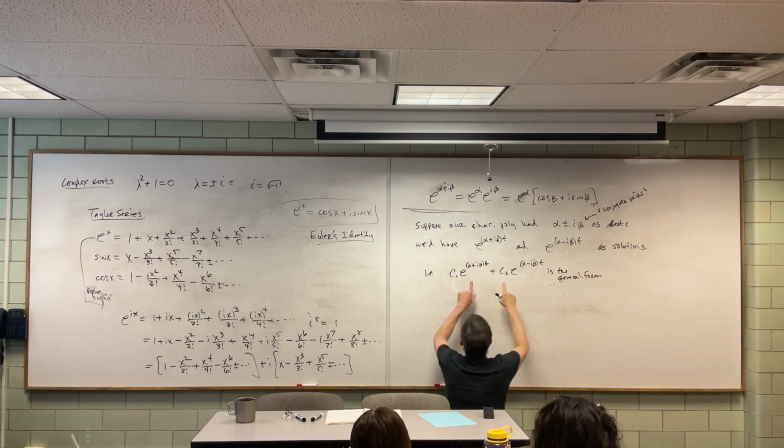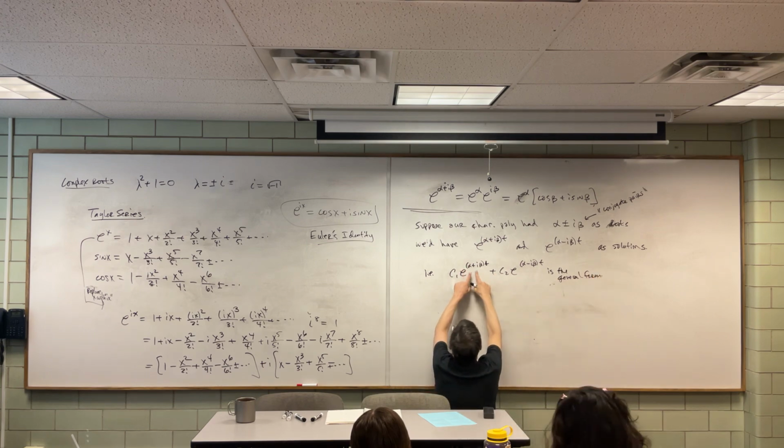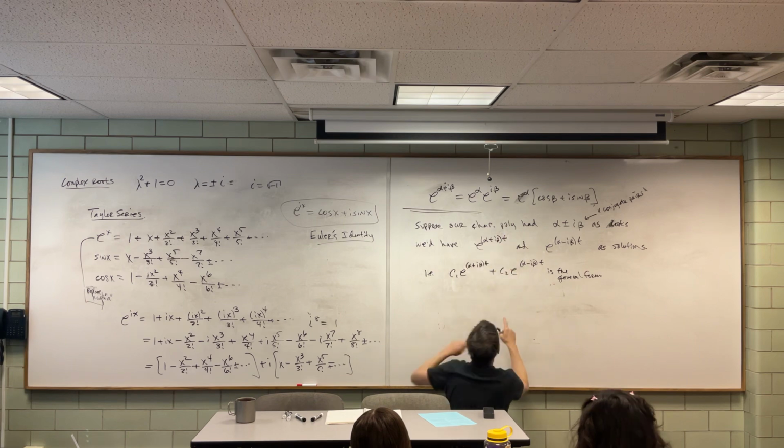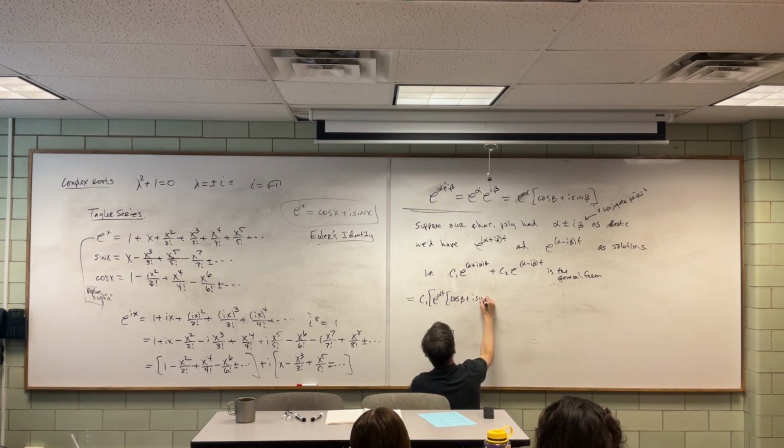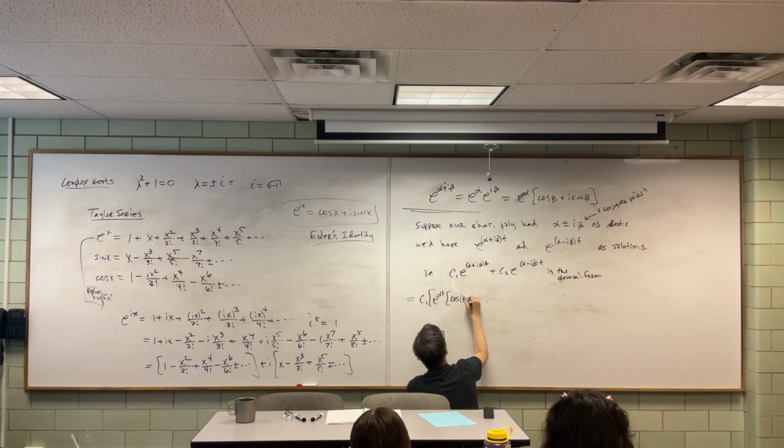Let's play with this. Let's now take this and rewrite it like I did at the top. So this is equal to C1 e to the alpha t times cosine of beta t plus i sine of beta t.